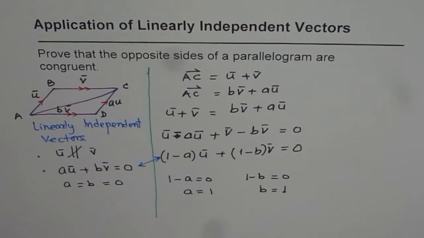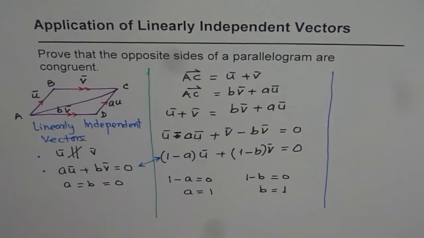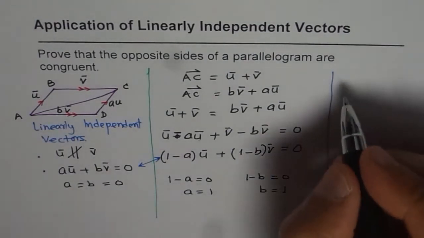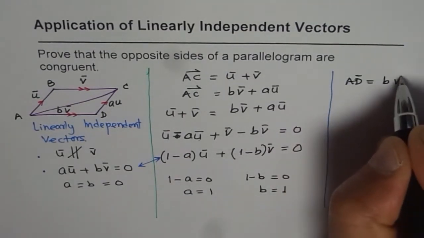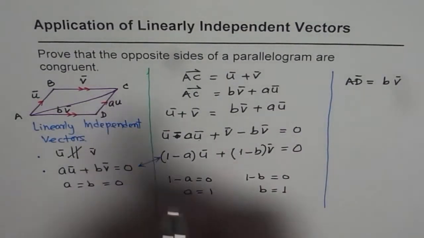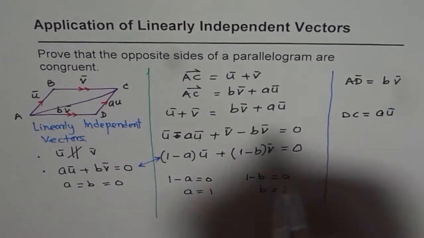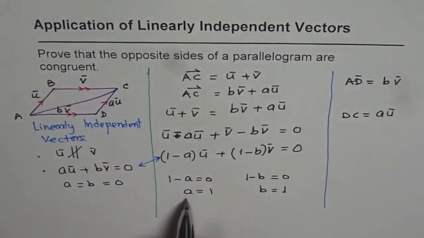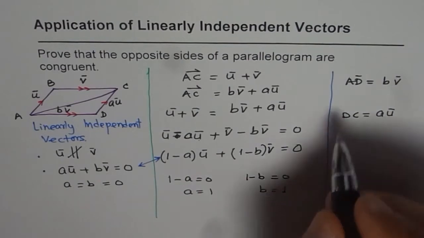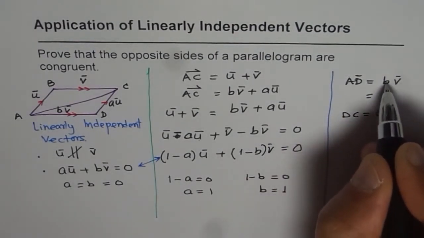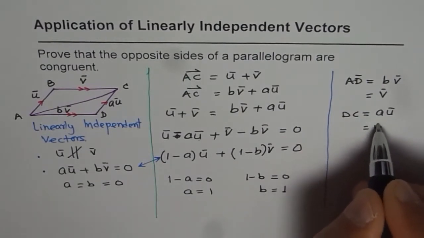So as you can see, from our assumption, we said AD is equal to bv, right? And we have DC equal to a times u, correct? Now since a equals 1 and b equals 1, we have AD equal to V, and DC is also equal to U. Do you see that?